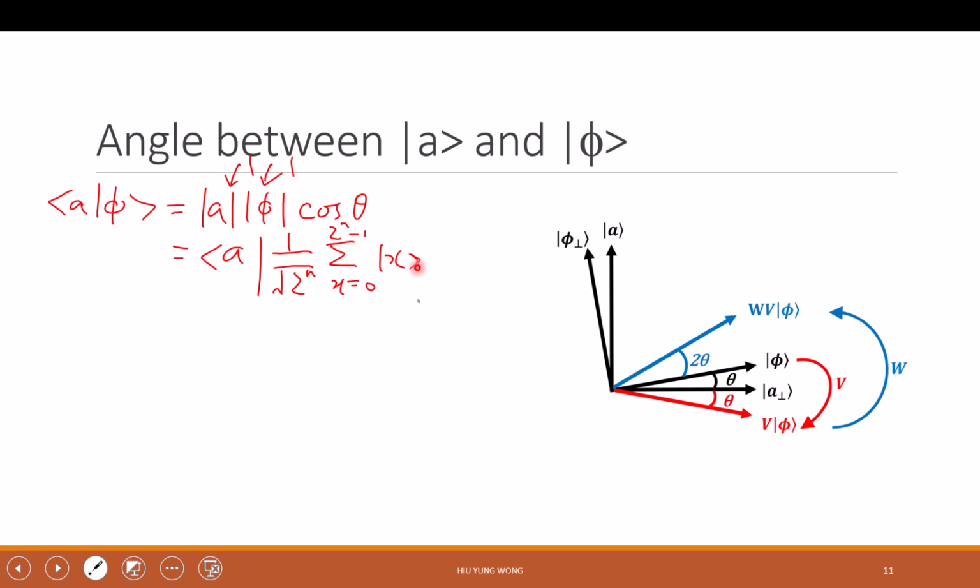When you have A goes in, what do you get? AX. A inner product of x equal to what? What is A inner product with x?